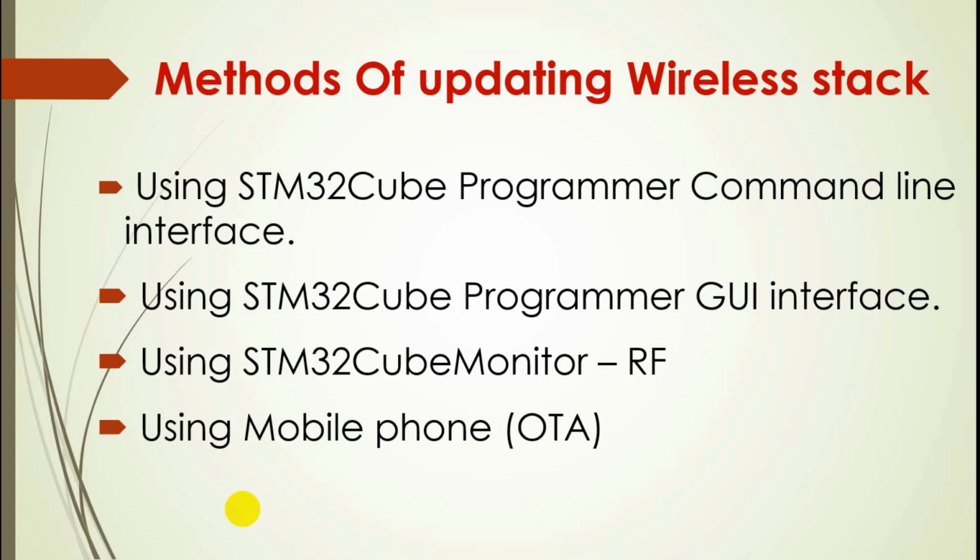It may be another node also, like a Zigbee node or a Thread node. As you know, STM32WB works for Zigbee, for Thread, and for BLE. So by using these four methods, you can update any of these communication stacks.